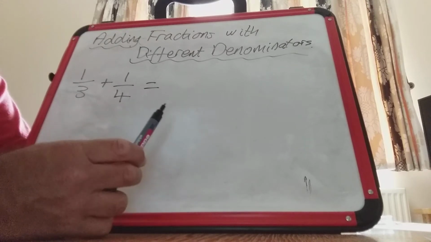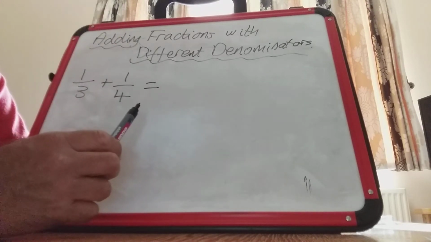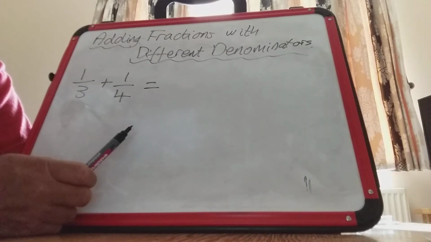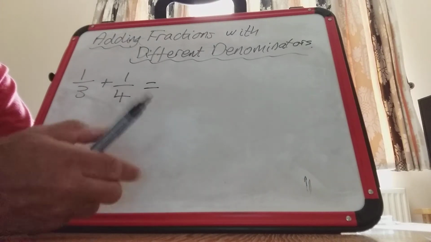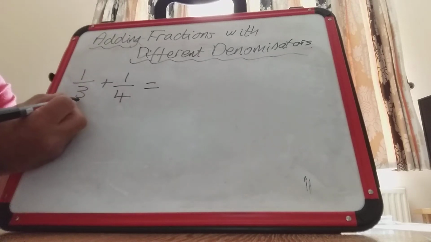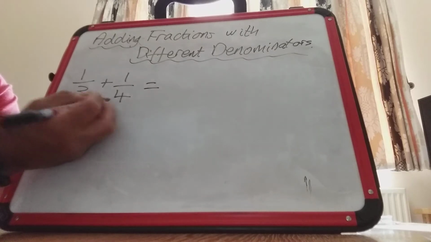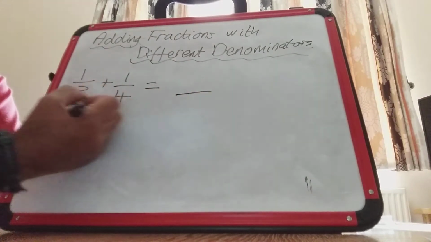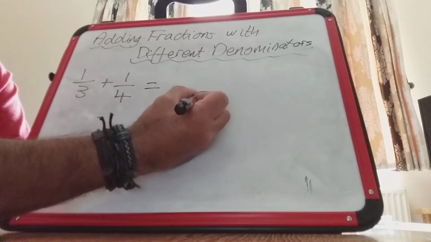In other words, what number are 3 and 4 factors of? And factors means numbers which multiply together. The easiest way to do this is to take these two denominators and simply multiply them. So 3 times 4 is 12.